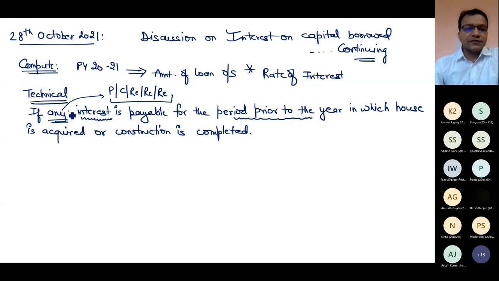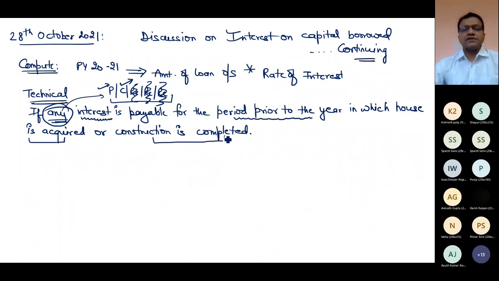To be more precise, any interest here includes only interest on loan taken for purchase or interest on loan taken for construction. Because in the year in which you acquire the house, or the year in which construction is completed, there is no problem.